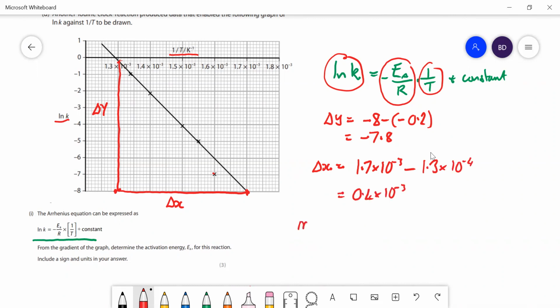The gradient m is change in y over change in x, so minus 7.8 over 0.4 times 10 to the minus 3. That gives us a value of minus 19,500.